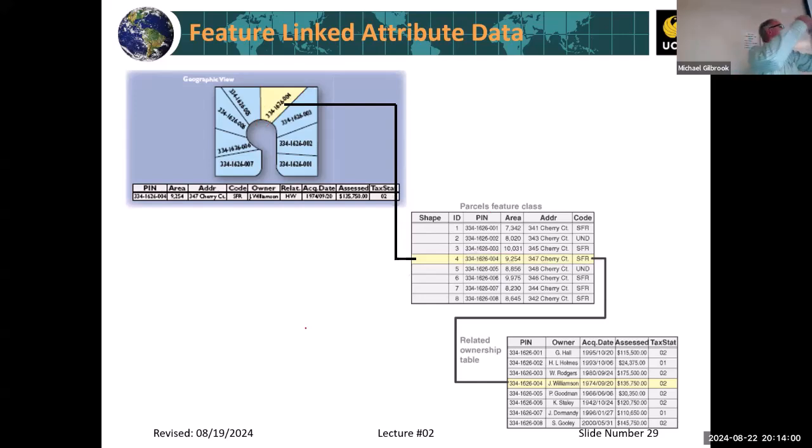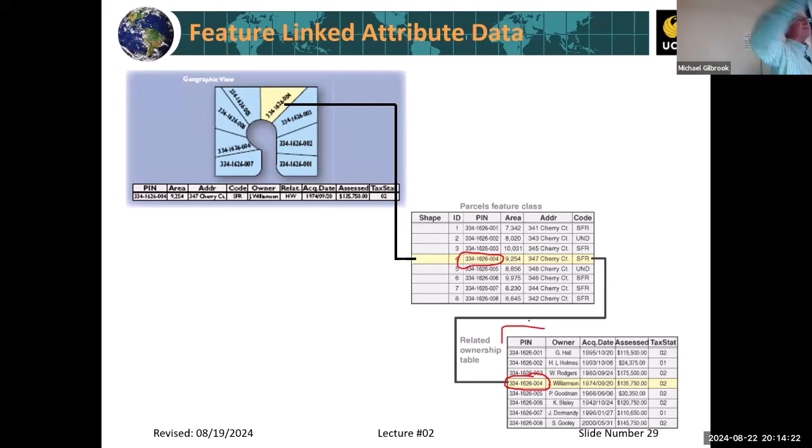I can join another table up. This table down here has the same polygon ID number in it as this one. And I can tell it, join those two tables up based on their polygon ID.